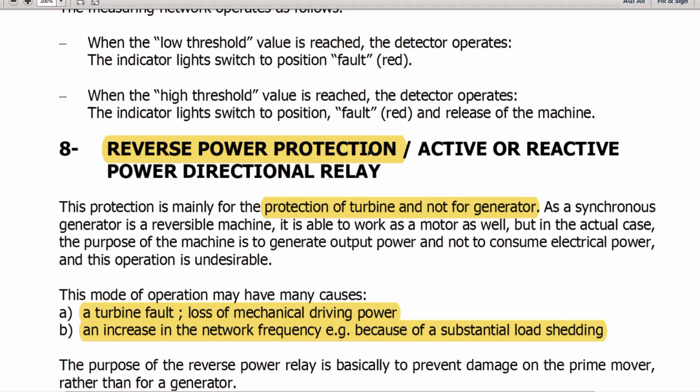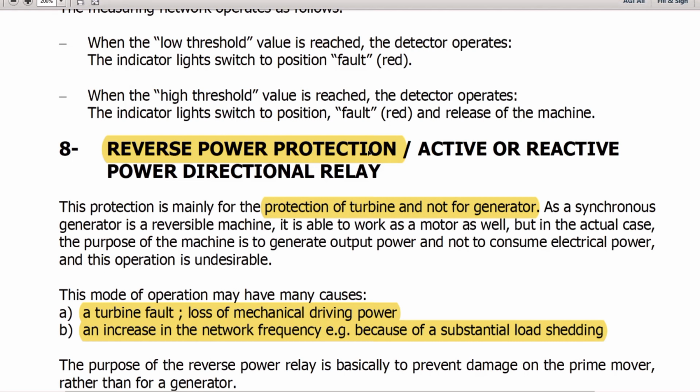And the same happens if the generator has been connected with the system and there is a loss of power, meaning if the fuel has been cut off and the breaker is not open, at that time the generator will be running as a motor and it is taking the power from the system. Because we are not generating now, but we are consuming the power from the system. So to protect the system, our generator breaker should open immediately.